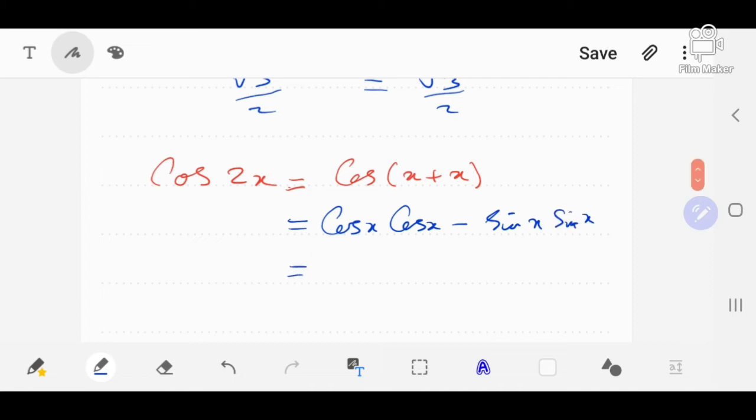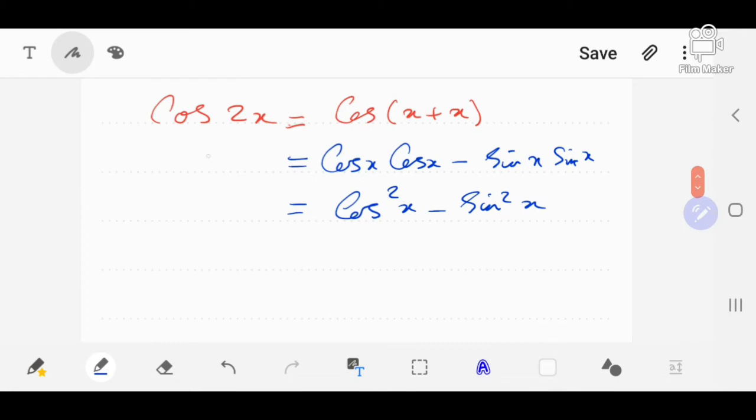So it's actually cosine squared x minus sine squared x. So cosine 2x is equal to cosine squared minus sine squared. Not only that, it can also be written in different ways. So this is my first identity of cosine double the angle.